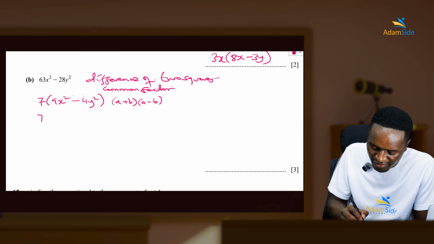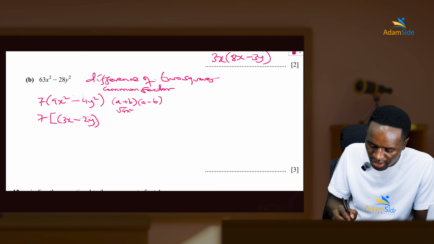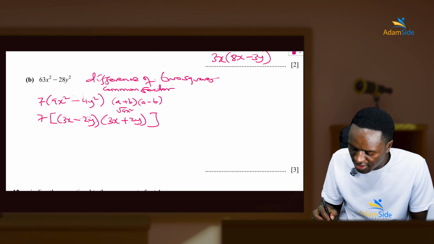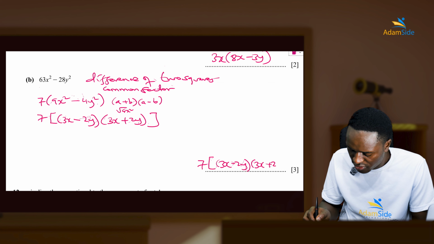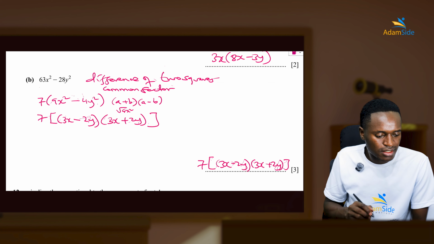So we say 7 into bracket, the square root of each: the square root of 9x squared gives 3x, minus 2y, and then 3x plus 2y. Then close the bracket. Therefore, your answer will be 7 into 3x minus 2y, then 3x plus 2y. That's the answer.